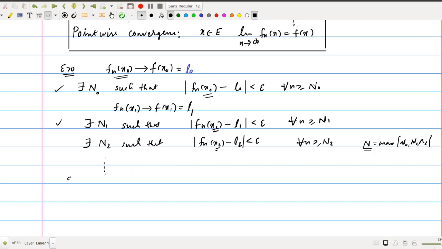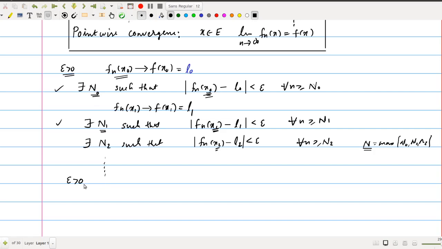That means if we take epsilon greater than 0, and a pointwise convergence holds, then corresponding to each x0 we can expect n0, corresponding to x1 we can expect n1. So corresponding to each x belonging to E, we can get some n depending on that x.